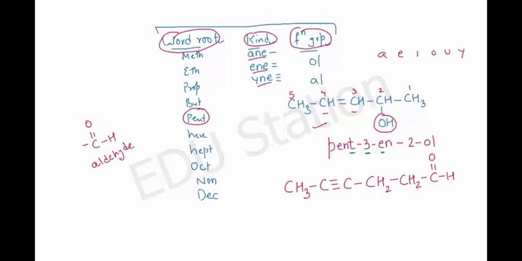For aldehyde, the suffix we use is al. For alcohol we are using ol. For aldehyde we use al.